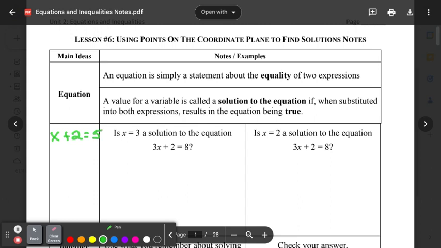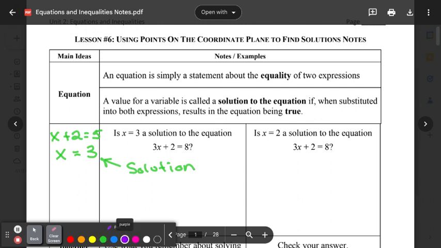Now, hopefully you can do this in your head. What number plus 2 equals 5? Well, we know that's 3. We're not going to get into how we did that. That comes in the next lesson. But if I write x equals 3, this right here is our solution.